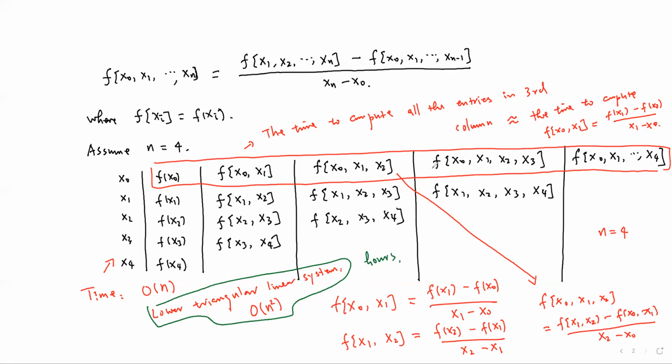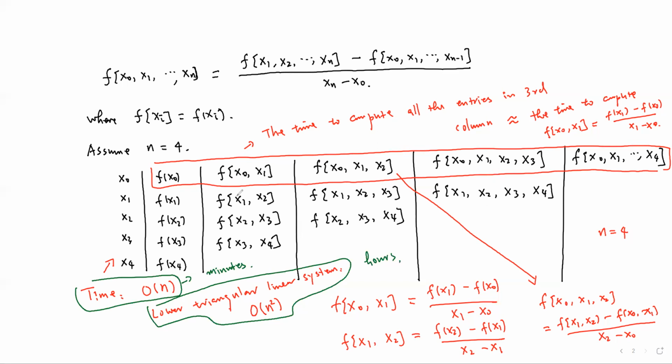Then by this table, computing each column in parallel, the time is one order lower, just a few minutes. So this is a huge difference. This is the first application of this notion, divided differences.